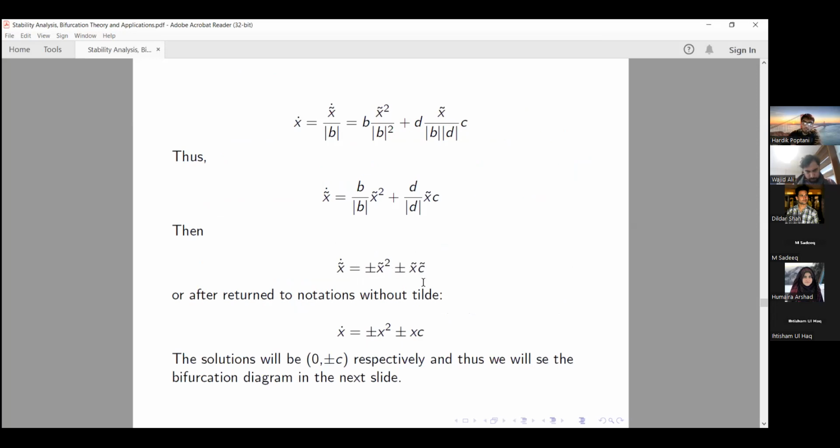Removing the tilde for simplicity, we can write it like this. Equating this to 0 and factorizing, we find the solutions are x equals 0 and x equals plus or minus c. Therefore, we can see the bifurcation diagram on the next slide.